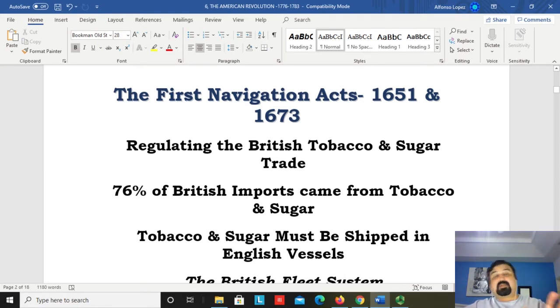So they want to make sure, therefore, that tobacco and sugar is going to be shipped directly to the mother country. How are they going to do that?